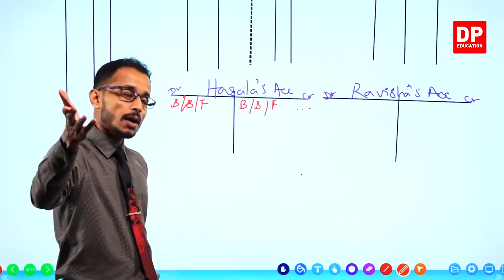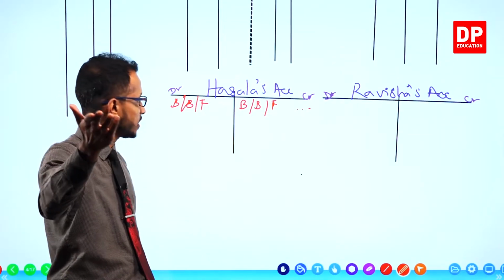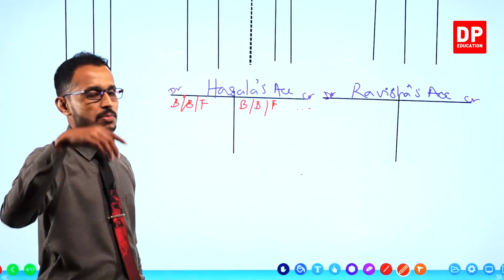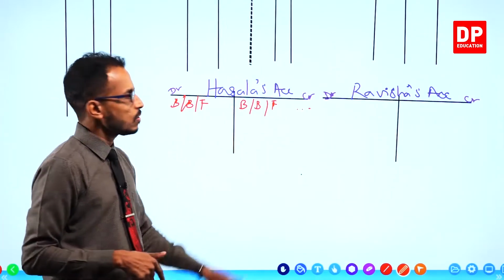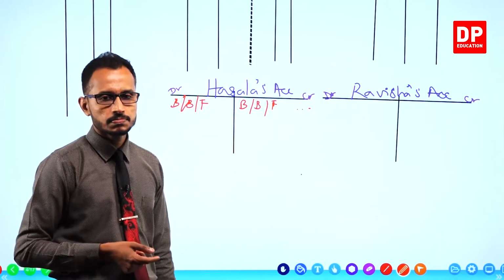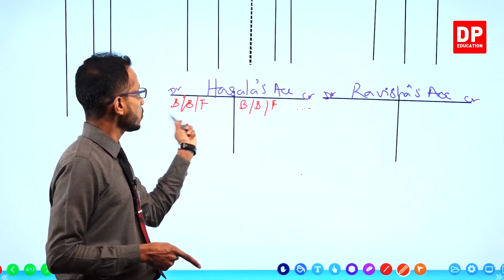I'm expecting the answer from you now. Tell me. Hasala is a debtor. Ravisha is a debtor. Hasala has a balance of 22,000. Ravisha has a balance of 28,000 at the beginning of the period, the first of the month. These balances should be recorded in debit or credit.